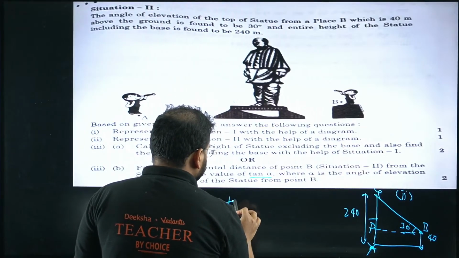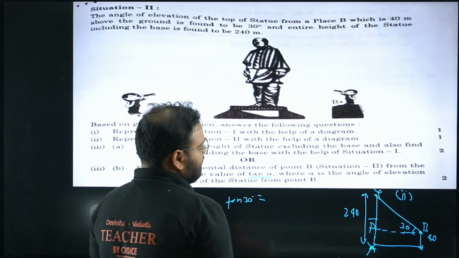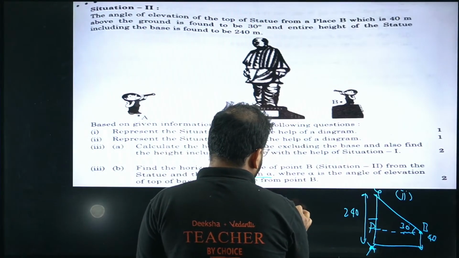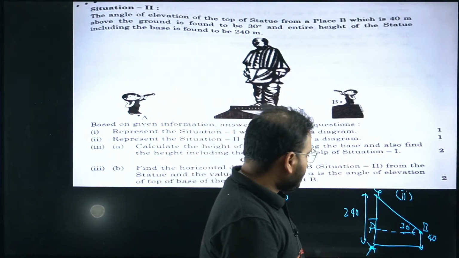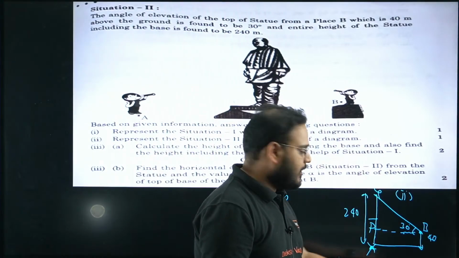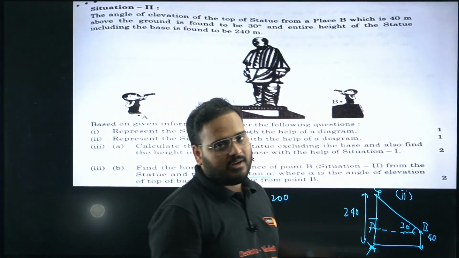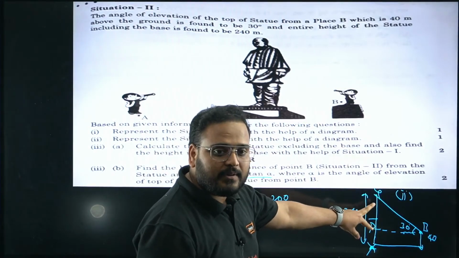Total is 240, but this is also 40, so I have to subtract that. So the height will become only 200.